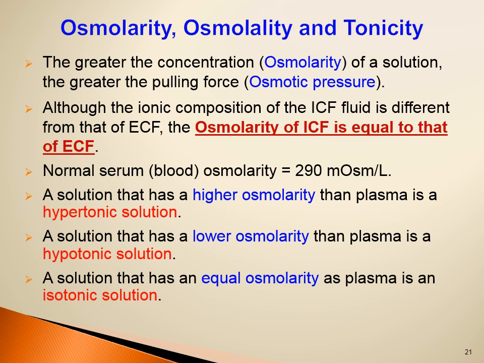If the osmolarity of any solution is higher than that of the plasma, we call this solution hypertonic solution. A solution that has a lower osmolarity compared to the plasma is called hypotonic solution. And a solution that has an equal osmolarity to the plasma, or similar to the plasma, is called isotonic solution.